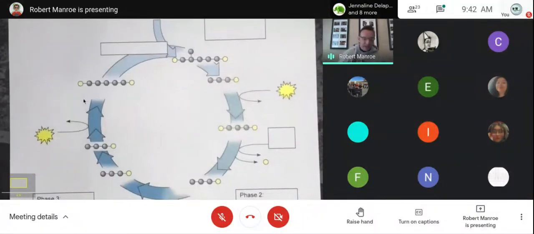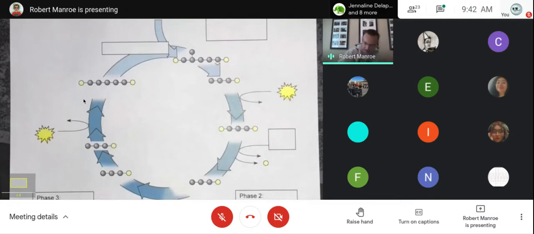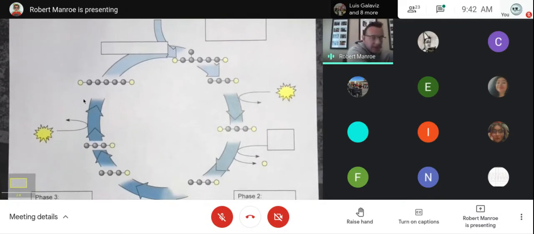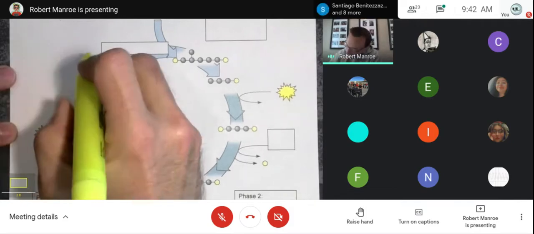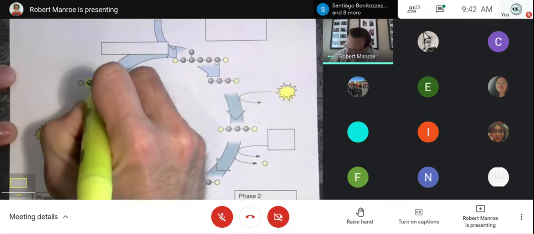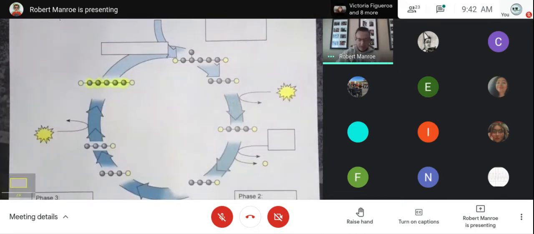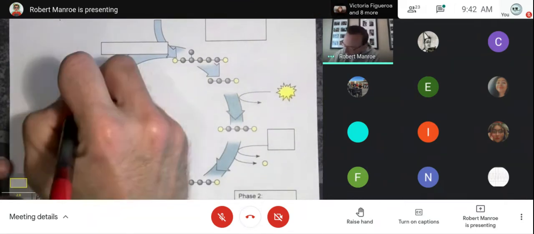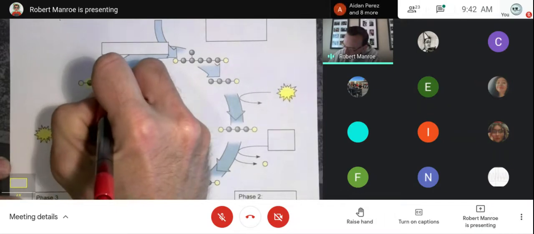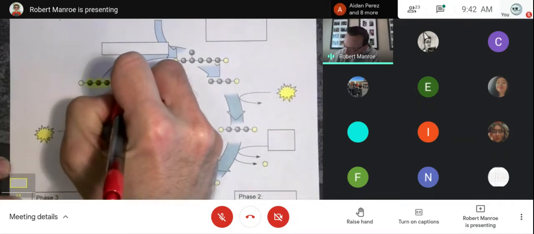So these little black spheres are, where's my highlighter? Around here somewhere, there it is, are carbon, okay? So I'll highlight these. 1, 2, 3, 4, 5. You guys are IBers, you can count. 1, 2, 3, 4, and 5.